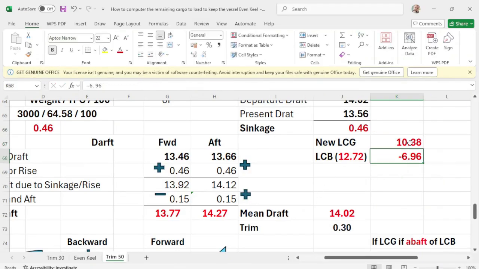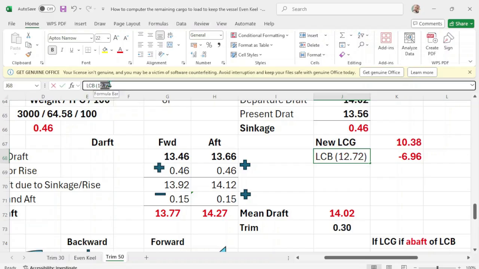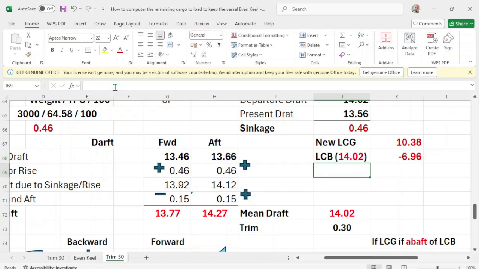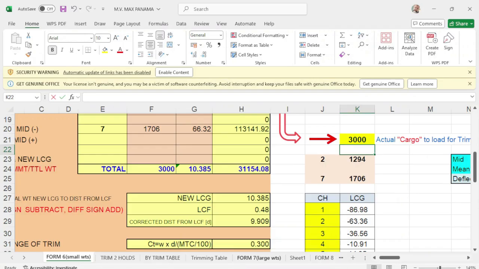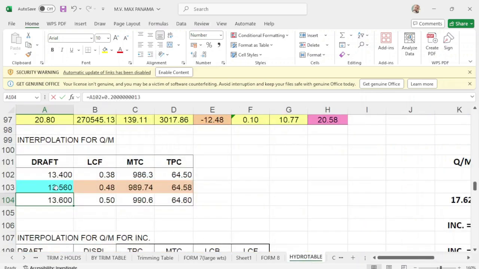Okay, and your LCB of your departure, that will be main drop is 14.02. What is this LCB of 14.02? You go to your hydrostatic table, 14.02.